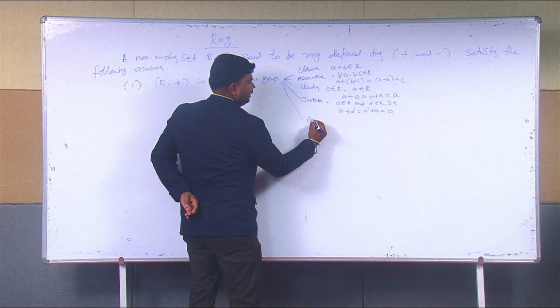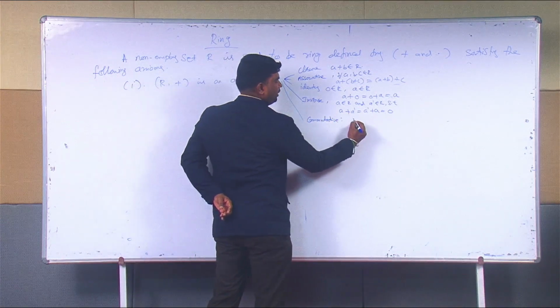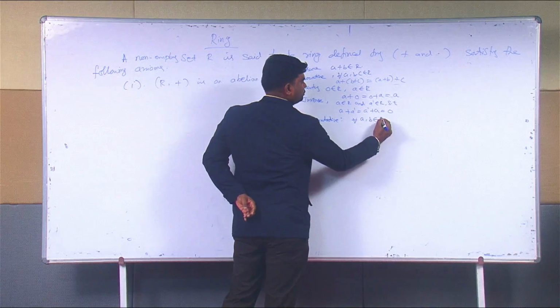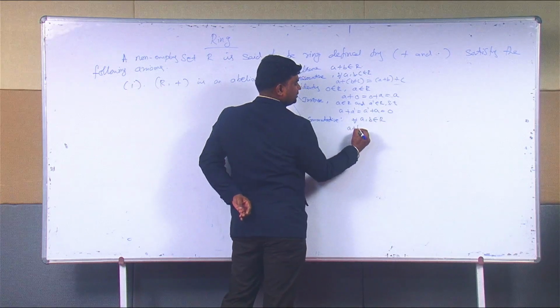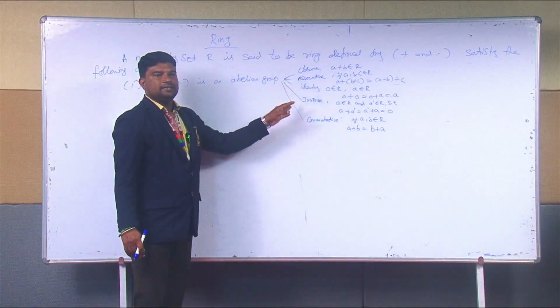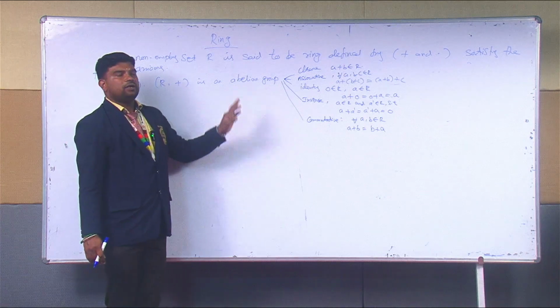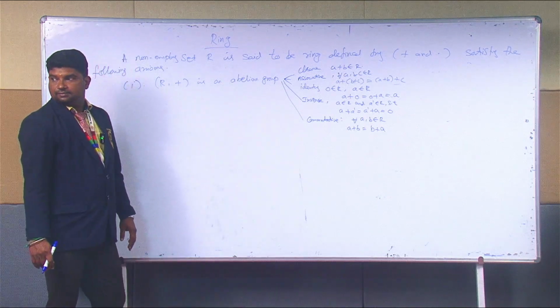And next, commutative. For every a, b belongs to R, a plus b equals b plus a. When these 5 axioms are satisfied, R comma plus is called an abelian group under addition.